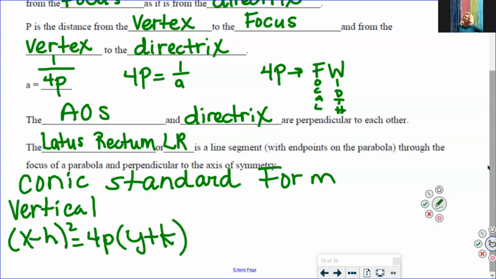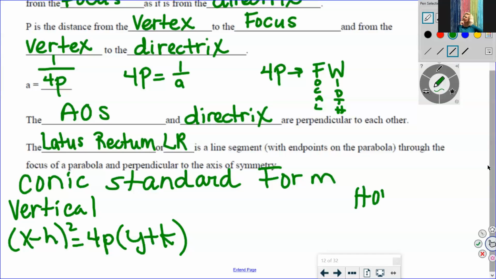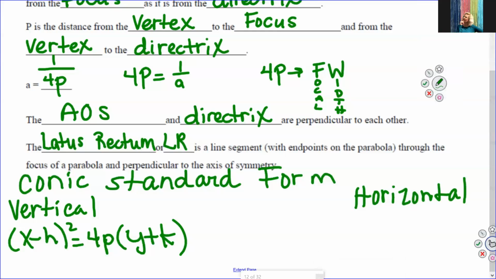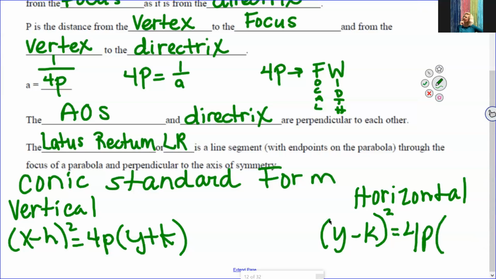Let's put horizontal over here on this side. What do you think horizontal starts with? I hope it was y minus k, close it, square it, equals, it's still 4p, x plus h, yes.